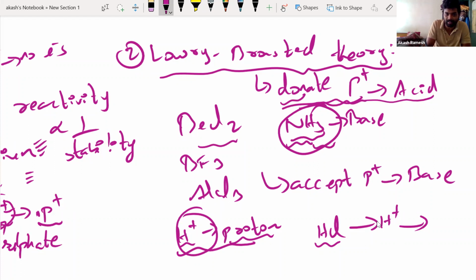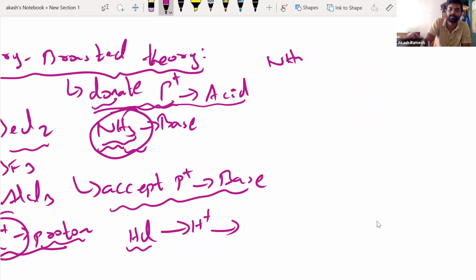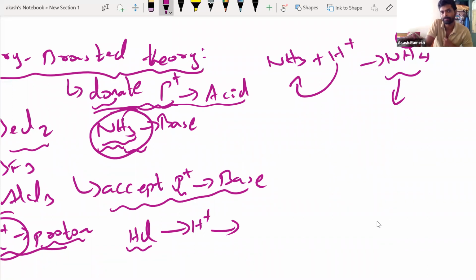But when I go to the base, that is accepting a proton, it actually gives me some insight. If you look at ammonia, for example, it is going to accept the H plus to form NH4 plus. And can someone tell me the name of this ion?